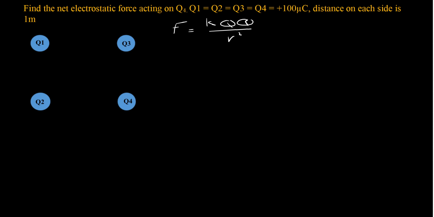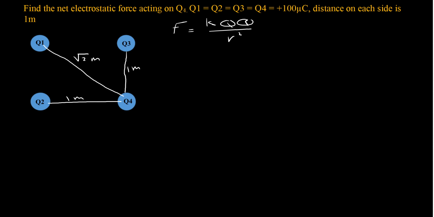I know that the distance between Q3 and Q4 is 1 meter. I know the distance between Q2 and Q4 is also 1 meter. And I can do the math to find that the distance between Q1 and Q4 is the square root of 2 meters.